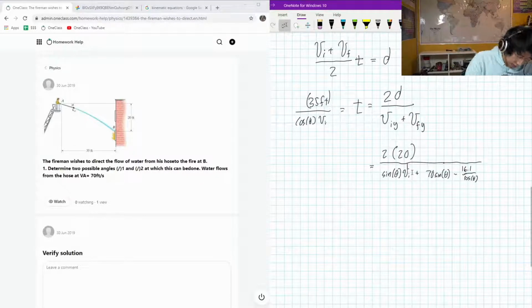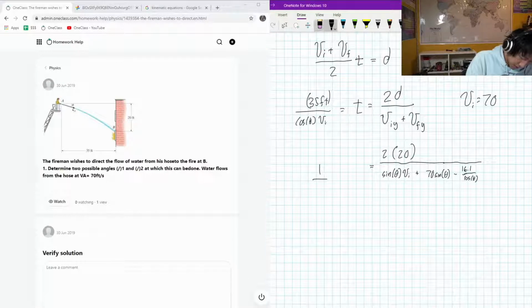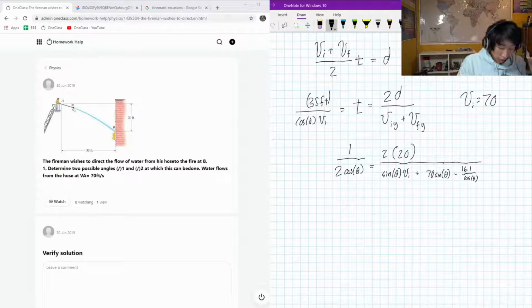I'll write that for there as well. But so here, since Vi is equal to 70, we're going to have 1 over cos theta. Okay, cool.